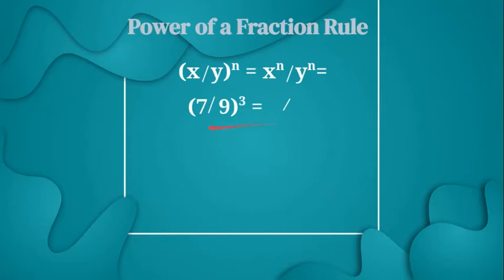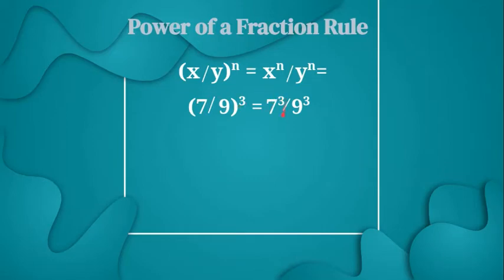So what you're going to do is distribute the exponent outside the bracket into both numbers in the fraction. So you're just going to write the same numbers, 7 and 9, but you're going to add the exponent above each.